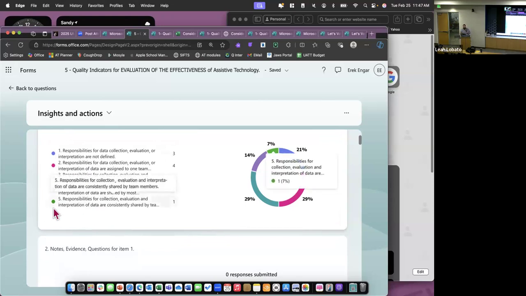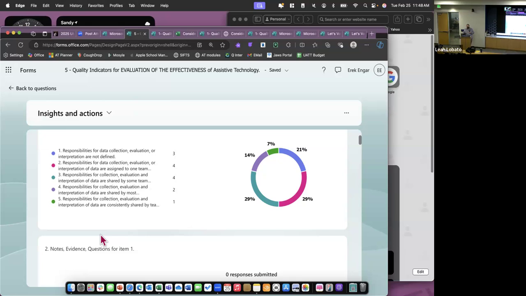But we have a few teams. Now we have one team that says responsibilities for data collection, evaluation, and interpretation are consistently shared by team members. I know when we do evaluations, like capital E evaluations versus little e evaluations, we're usually a little more clear with teams about what we want them to collect and figure out because we have more questions.